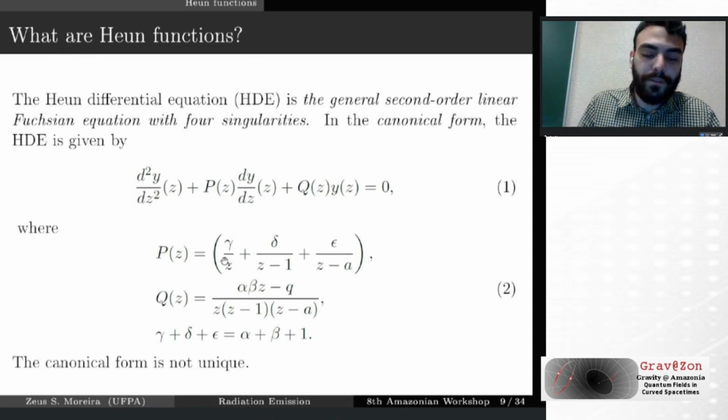So a canonical form of a differential equation is basically when these functions P and Q only have simple poles. So you cannot have anything like z squared or z minus 1 squared, nothing like that. You just have simple poles. And one piece of information that will be important later on is that the canonical form is not unique. So I will remind you later about this.